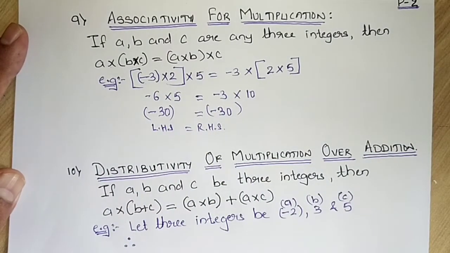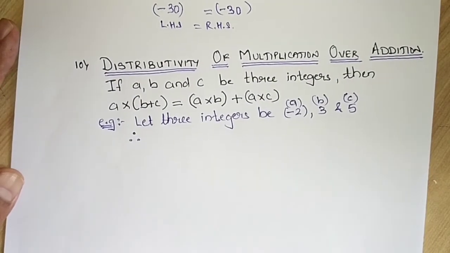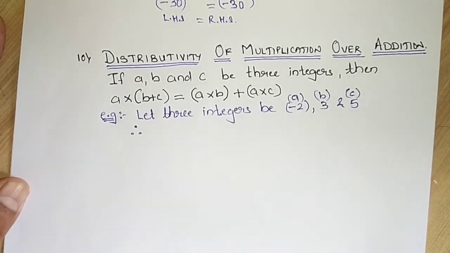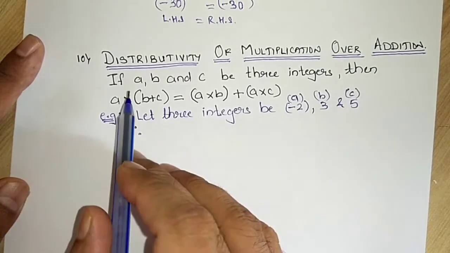Let us move to the 10th number property, that is distributivity of multiplication over addition. What does it mean?